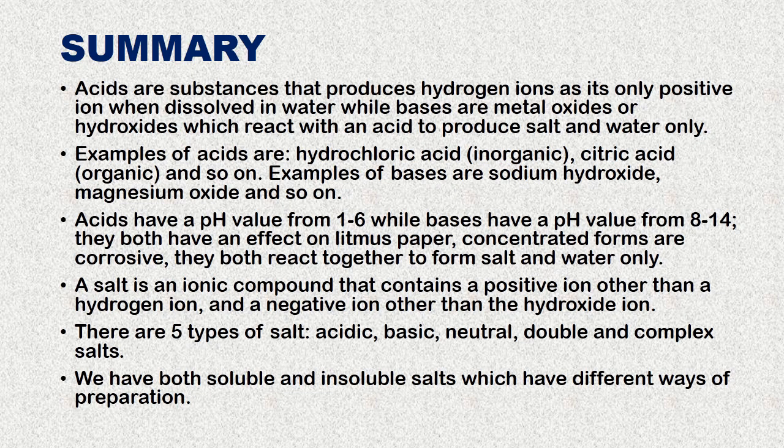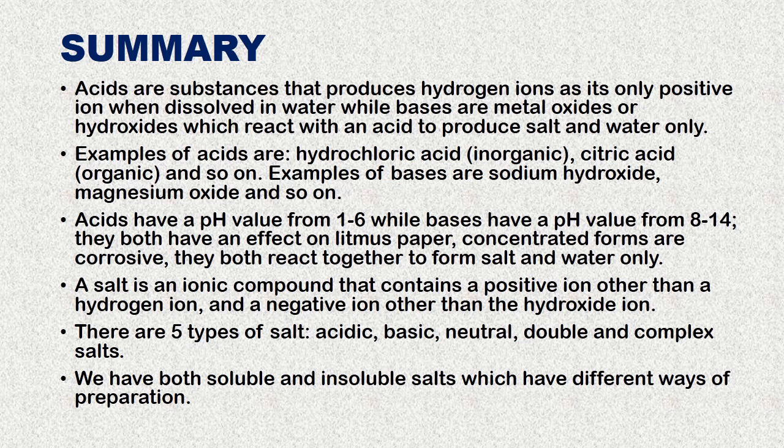Now as a summary, you can see that acids are substances that produce hydrogen ions as their only positive ion when dissolved in water, while bases are metal oxides or hydroxides which react with an acid to produce salt and water only. Examples of acids are hydrochloric acid, citric acid, and so on.